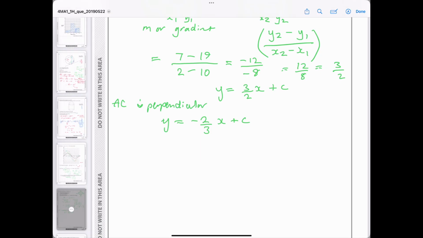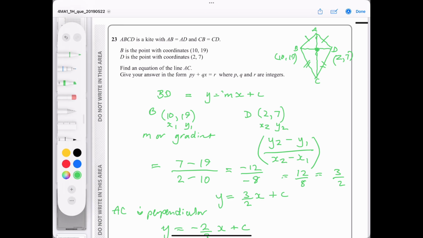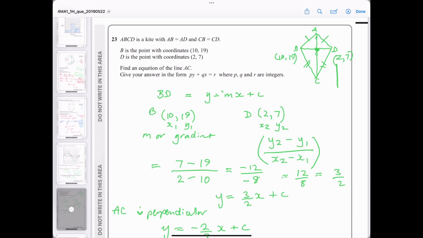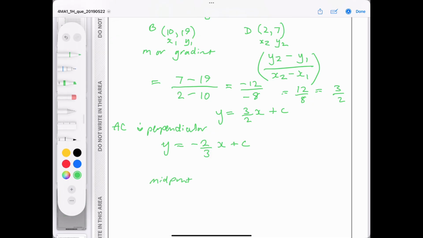So to find out what c is, we are going to have to find the midpoint of B and D, because otherwise we don't know a point on A and C. So the midpoint of BD equals x1 plus x2 over 2, comma y1 plus y2 over 2, so 10 plus 2 over 2, comma 19 plus 7 over 2.